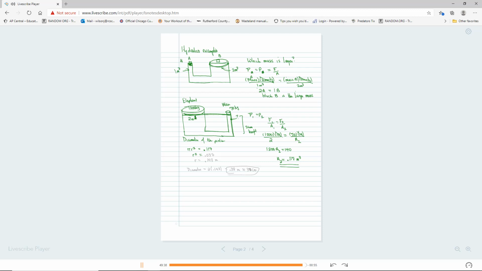That divided by pi is 0.037. Take the square root, and I get the radius is 0.193 meters. So my diameter is 2 of those, so 0.38 meters, or about 38 centimeters.